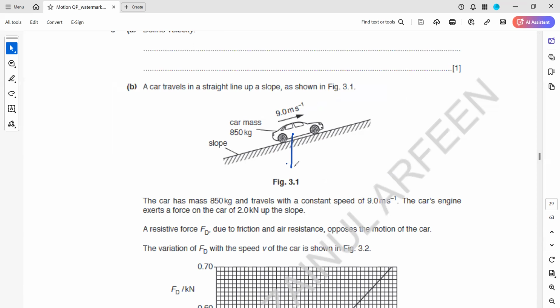If we take the axis here, W cosine theta is balanced by the normal force, and W sine theta is acting down the slope. Because the car is moving at a constant speed, it balances with the resistive force.